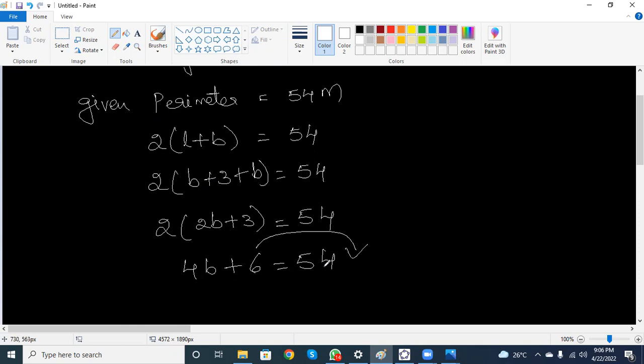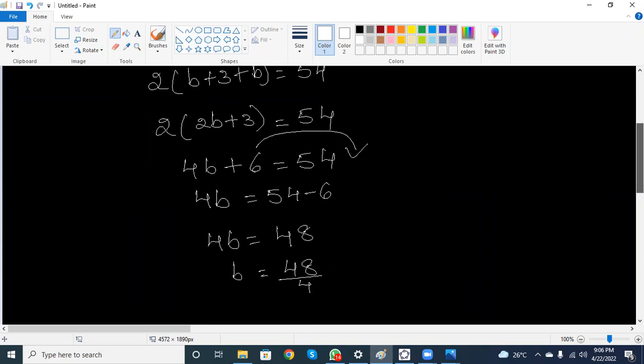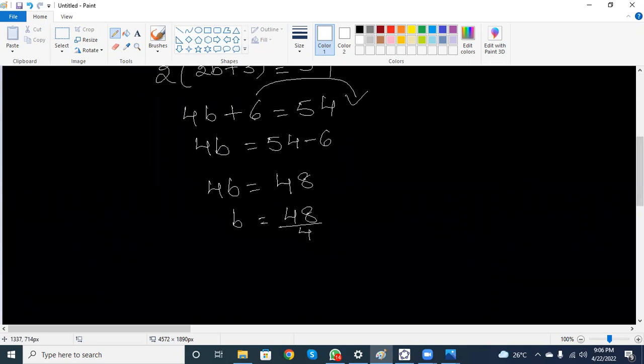Transpose this 6 to the other side, so it will become negative 6. 54 minus 6, how much is it? 4B is equal to 54 minus 6, which is 48. So B is equal to 48 over 4. 4 2s are 8, 4 1s are 4. So B is equal to 12 meters.